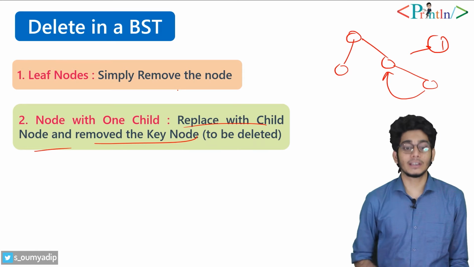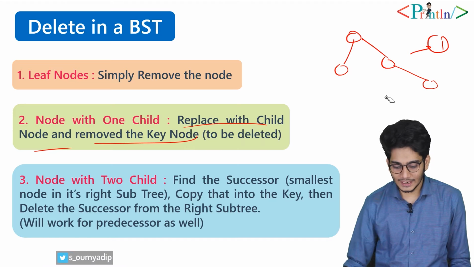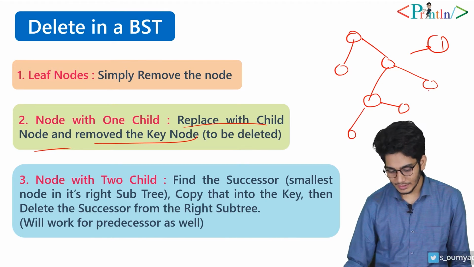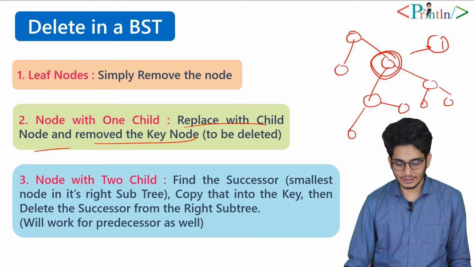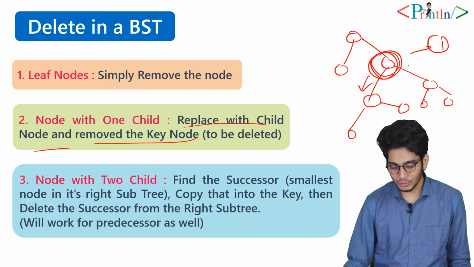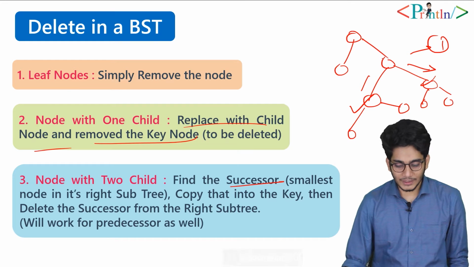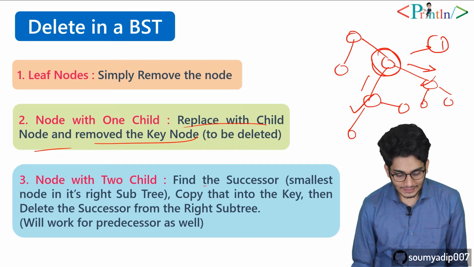Now the most important portion, that is a node with two children. Let's say that we have a tree like this and we will delete this node. How many children does this node have? It has two children. If we are trying to delete this node, we have to find the successor.